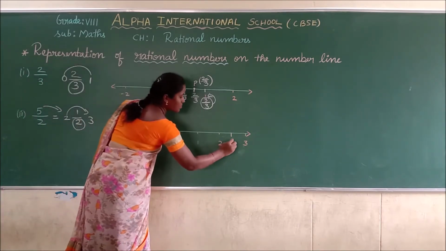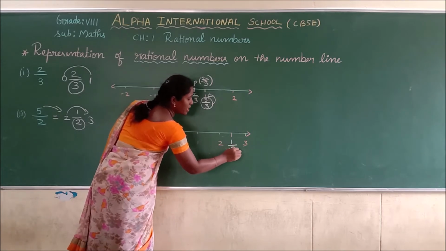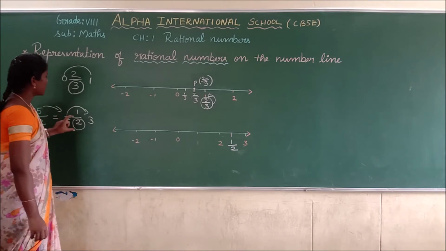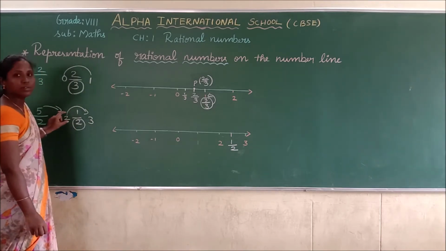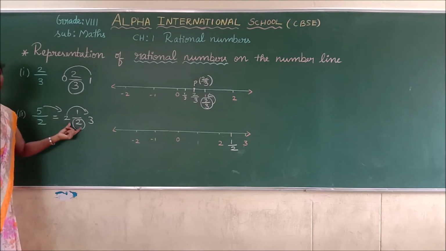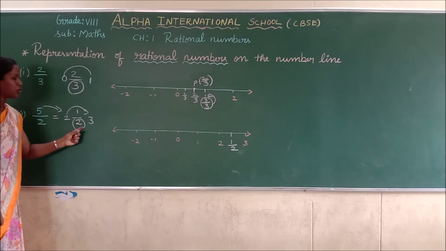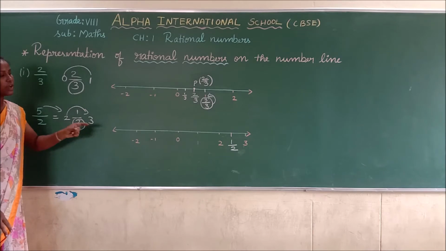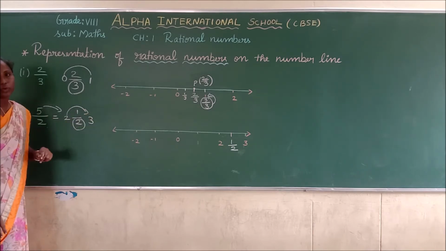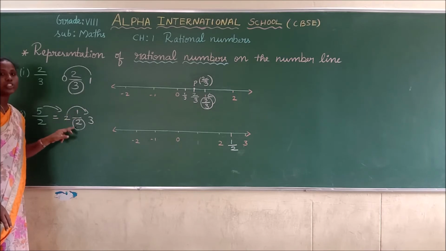Now listen. First we changed the improper fraction to a mixed fraction, and the denominator is 2, so you have to divide 2 and 3 into 2 equal parts. We have divided into 2 equal parts, and we have marked the fraction 1 by 2.